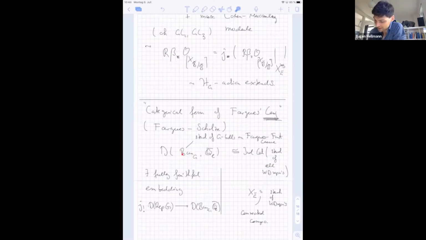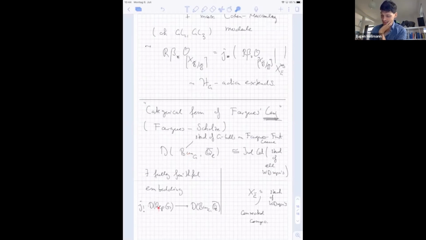But it's not that these connected components here would match these connected components. That's not what's happening. What really can happen is that if you stay here on one connected component, but act via representations of your group G check, then here you will move to different connected components.